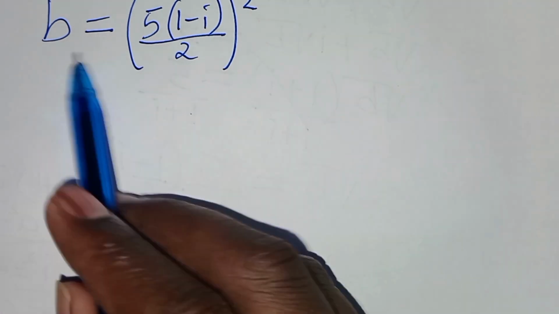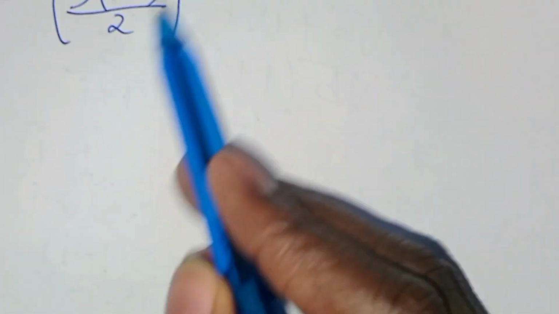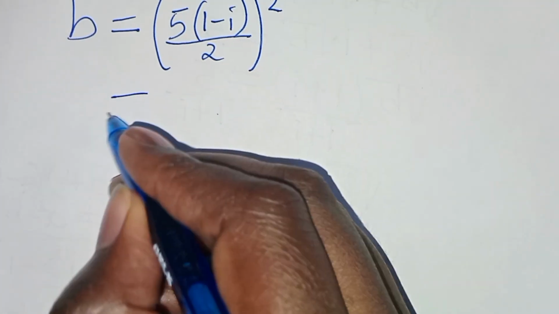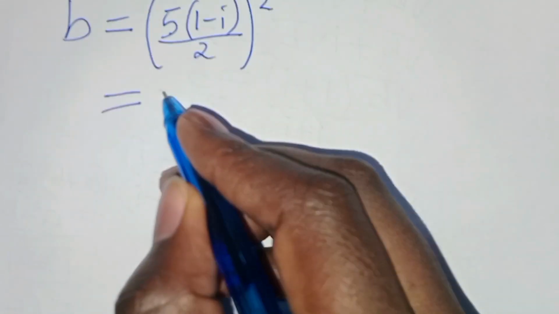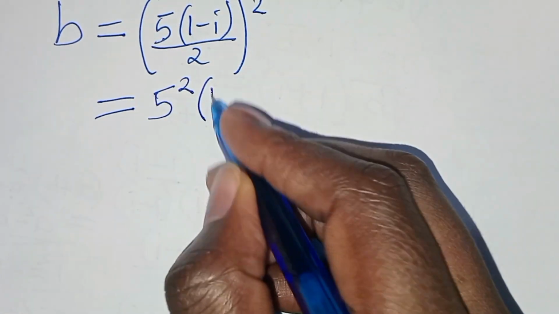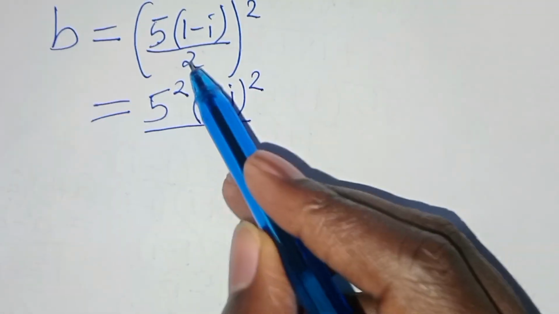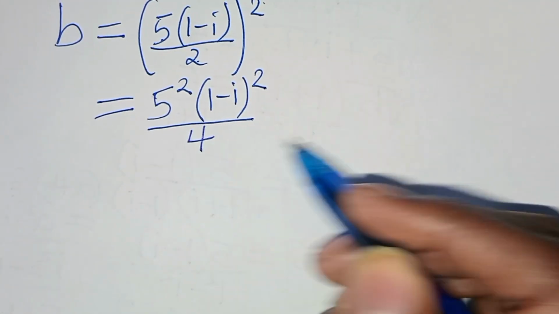Now we have b equal to 5 into the bracket 1 minus i divided by 2, all squared. Now this we can express as 5 squared, times 1 minus i squared, divided by 2 squared, which is equal to 4.